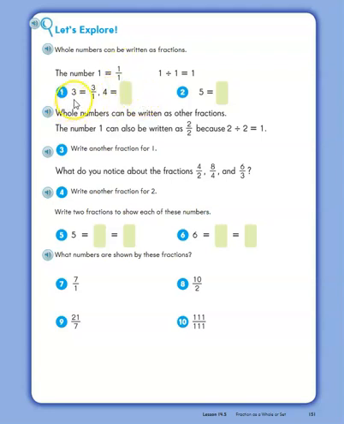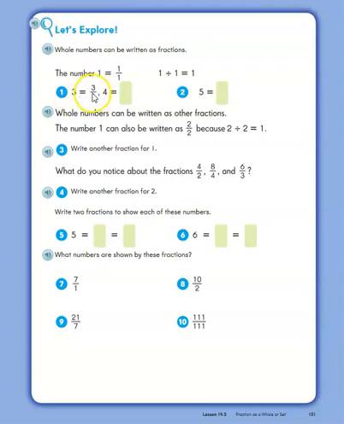So let's look at another example here. So 3 is the same as 3 divided by 1. That really is saying how many times can this 1 on the bottom go into 3? And the answer is, of course, 3 times.